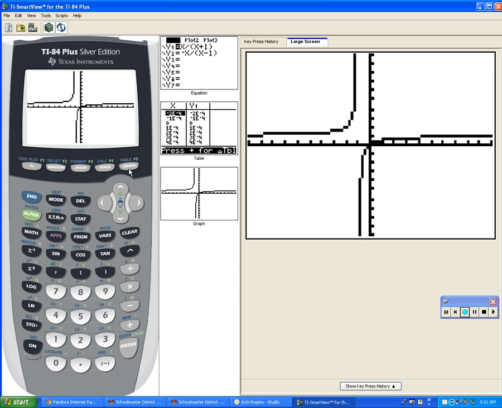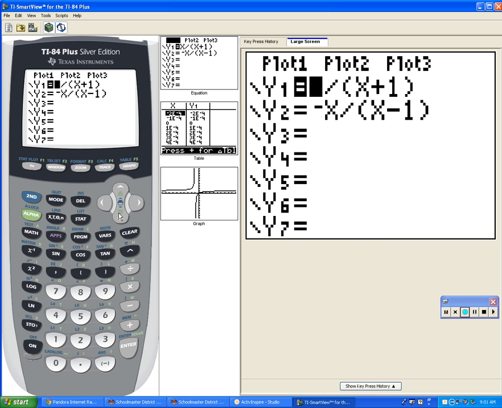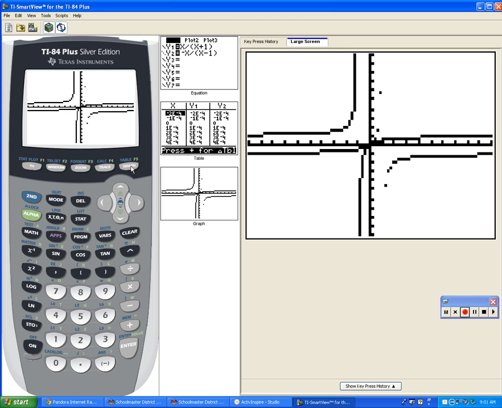Can you kind of see that? Okay, and then let me change the graph of the other one so that you can tell. Let's go dotted line. There we go. Okay, now you can kind of see the graph of the second function.